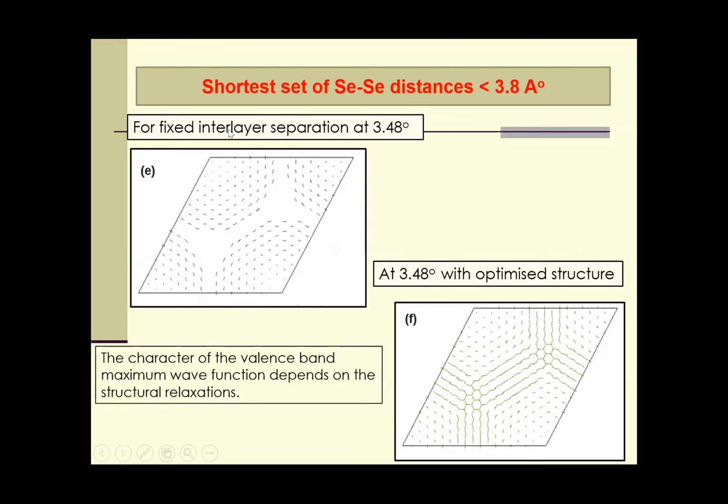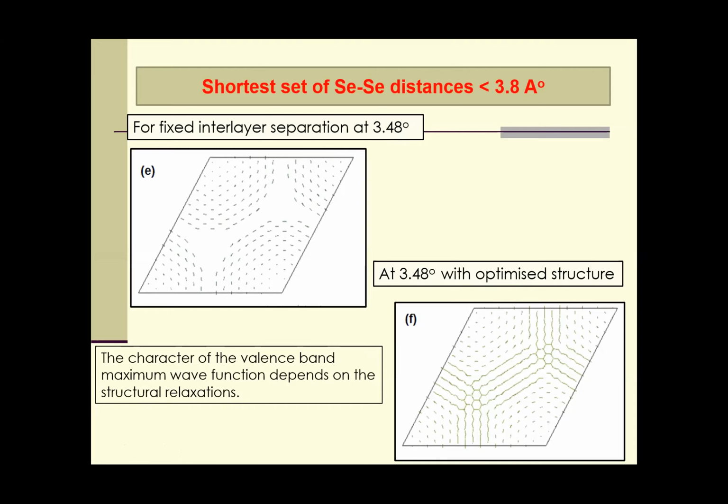As you can see, for the fixed interlayer separation at 3.48 degrees, I see them confined in large patches in certain regions. And even for the optimized structure, I see the shortest distances in a totally different region. You can see almost continuous lines here because each selenium atom in one layer is connected to 3 in the upper layer, which is the number of nearest neighbors that you have.